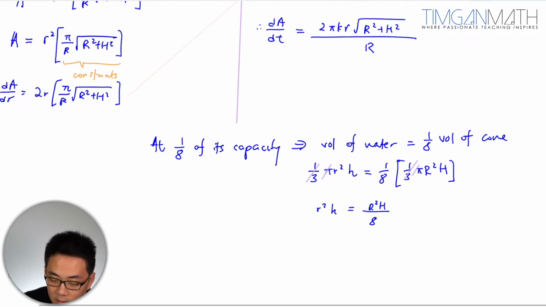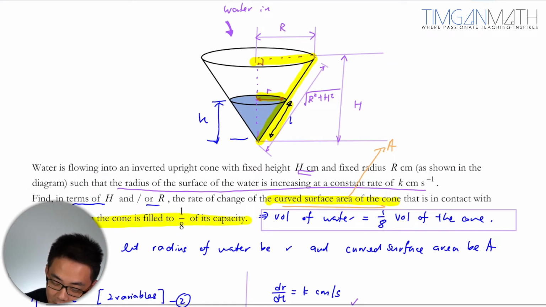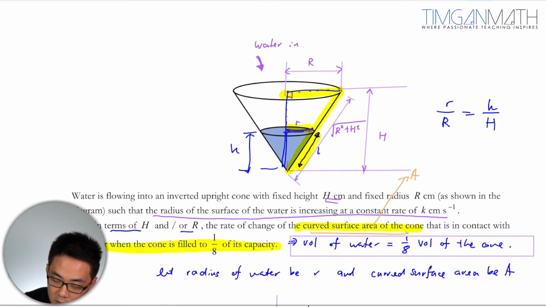All right. Now the thing is, we have an extra h here, so we need to go and find out what's our h here again. So if you use the property of similar triangles, big R over small r will just be big H over small h. Okay, so just look at the triangle there.